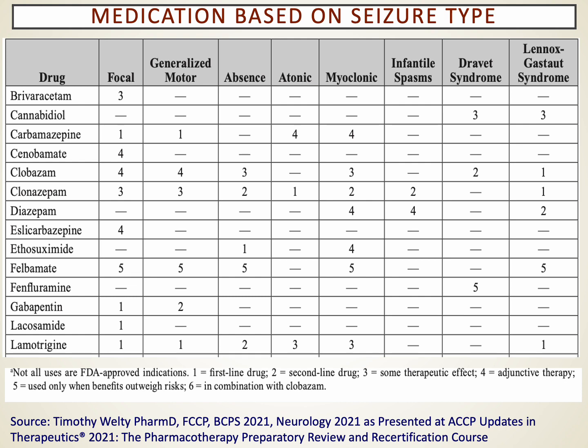For example, for focal seizures, the first-line agents on this page include carbamazepine, gabapentin, lacosamide, lamotrigine, and Keppra, the last one on the list as well.